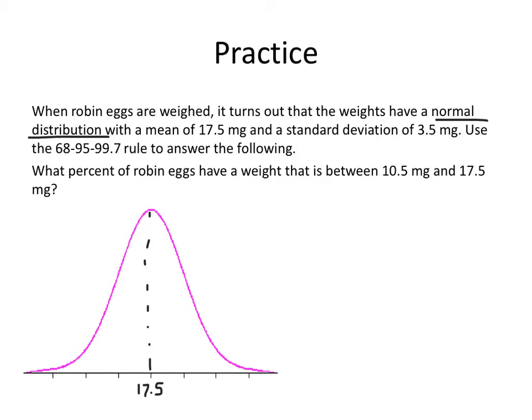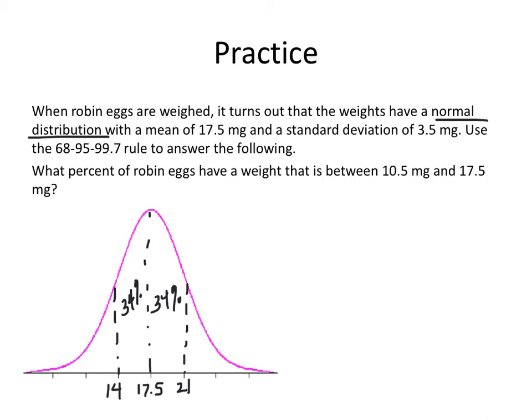If we go up 1 standard deviation, then we would be adding 3.5 to 17.5, and that would give me 21 milligrams. If we subtract 3.5 from 17.5, that would give me 14 milligrams. So those are my values for 1 standard deviation above and 1 standard deviation below. So we already know that 34% is in here and 34% is in here because we got that from the fact that it's normal distribution.